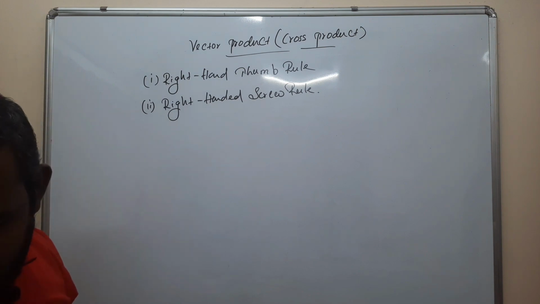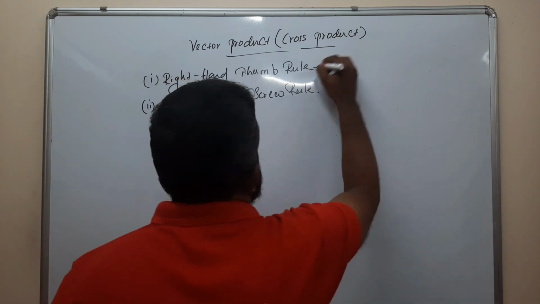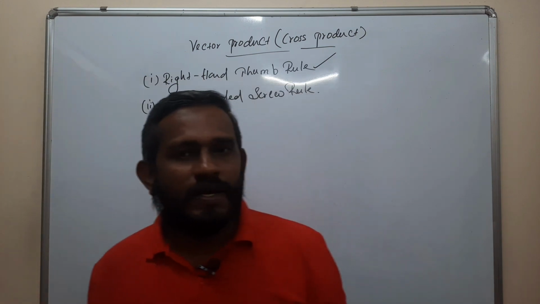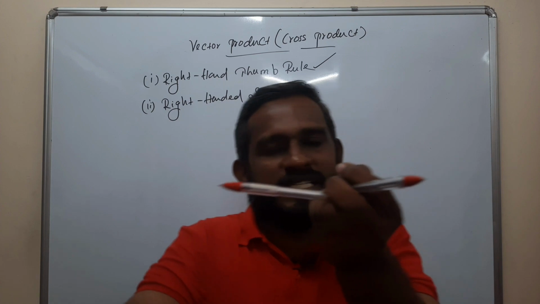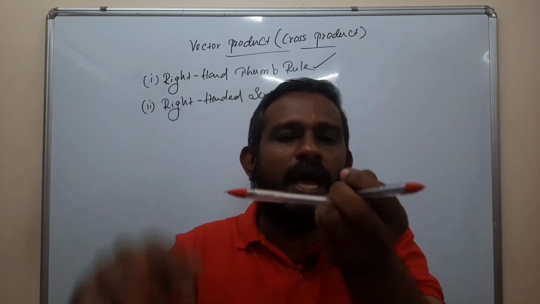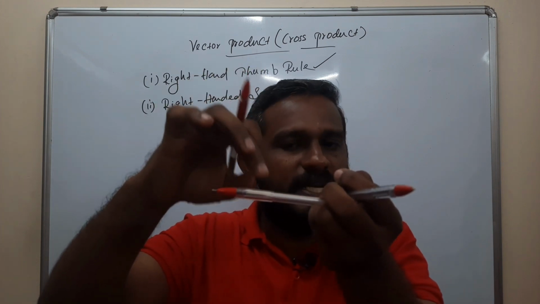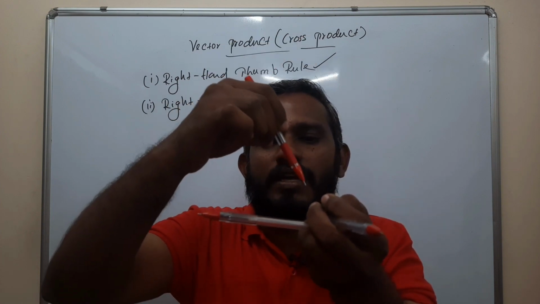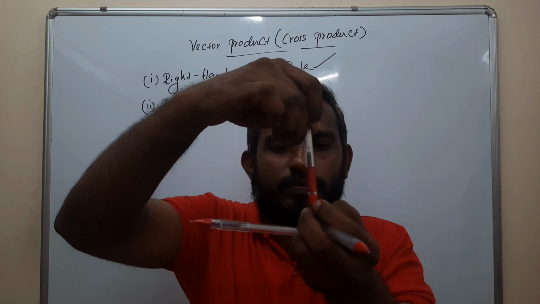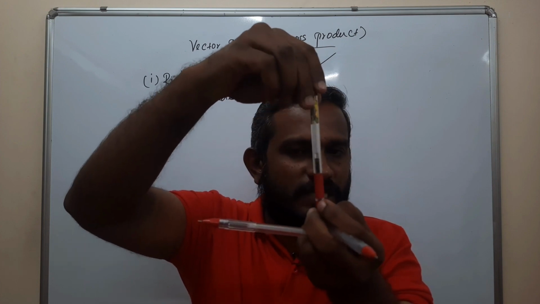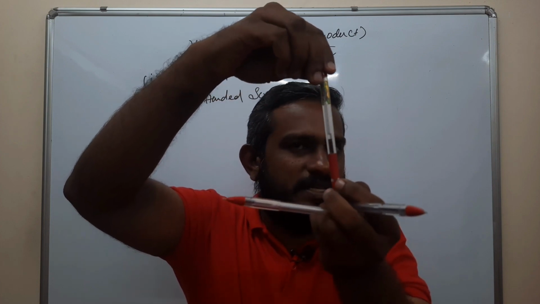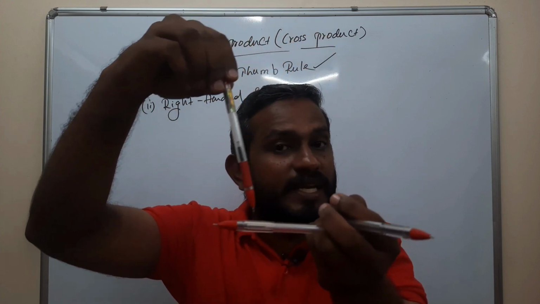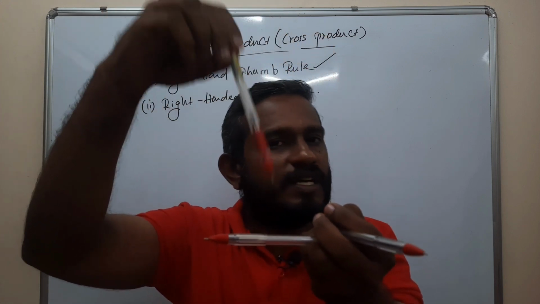Another one is the right-handed screw rule. How can we find it? Again, consider this is a plane and these two vectors, A vector and B vector, are lying in this plane. At the joining point of these two vectors, place a screw like this. Suppose you are finding A vector cross B vector.